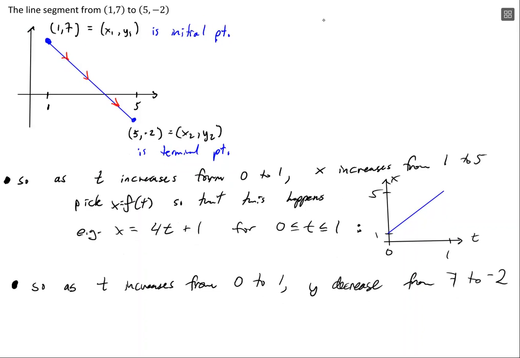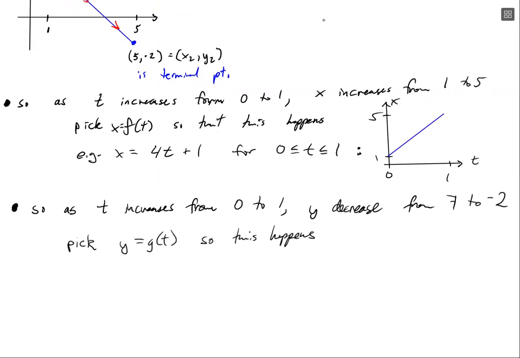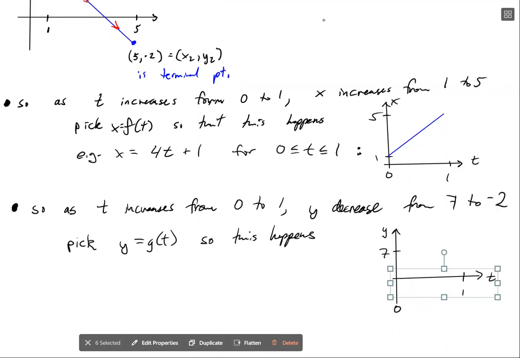So we're also going to make y equal to g of t so this happens. That means we want a line segment doing the same sort of thing. If we graph y versus t from t equals 0 to t equals 1, we want it to go from 7 down to -2. So let's put a -2 down here.